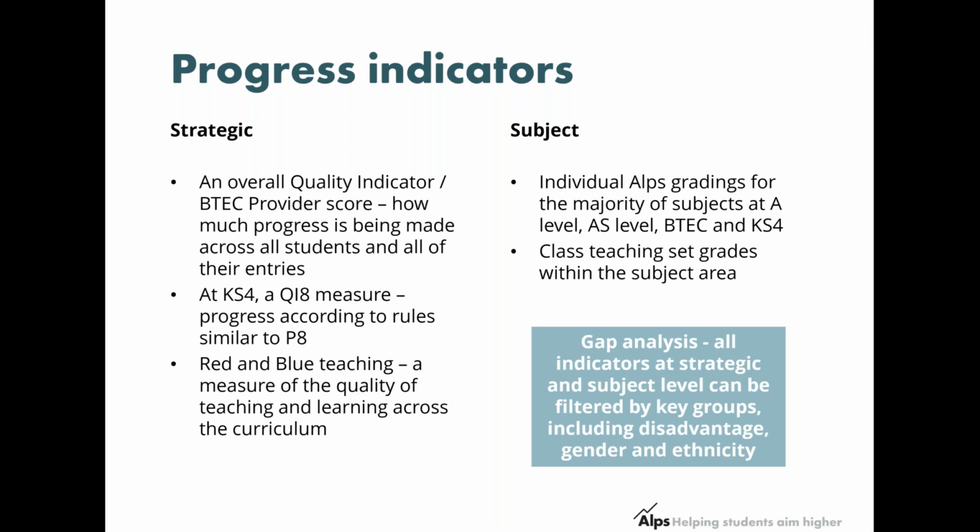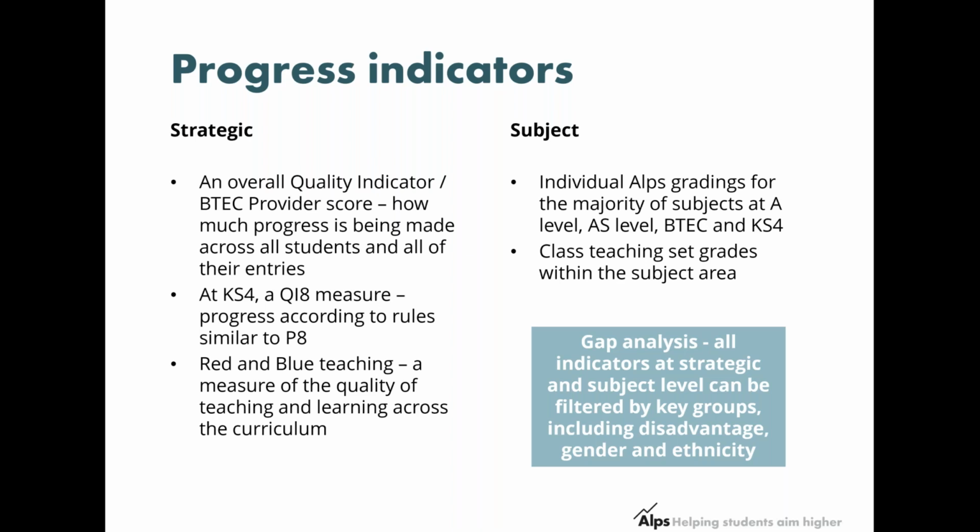Then at the subject level, you get individual Alps gradings for each of your subjects, and you also get class teaching sets. I'm not going to talk about that so much today because obviously then you've got different ethos within your governing body as to how much of that your senior leadership team share with you.